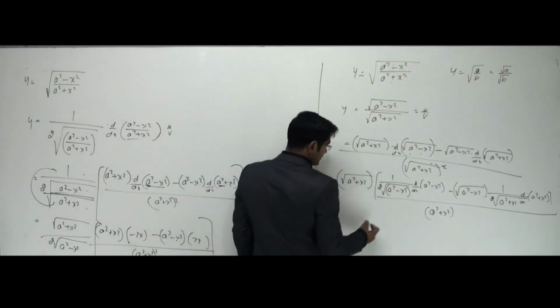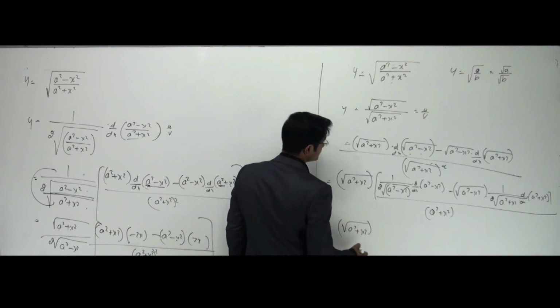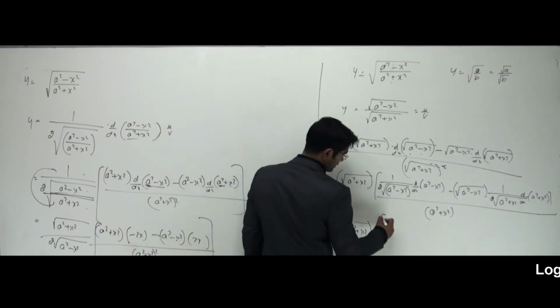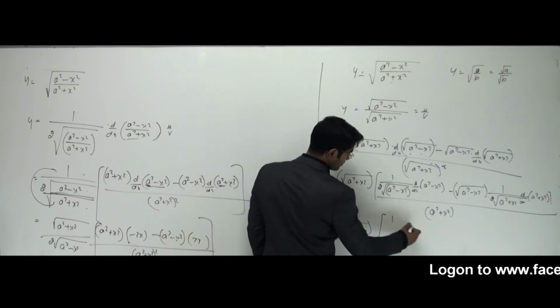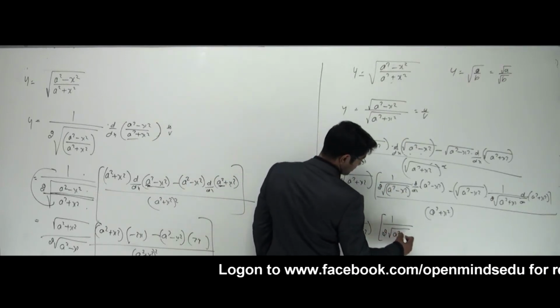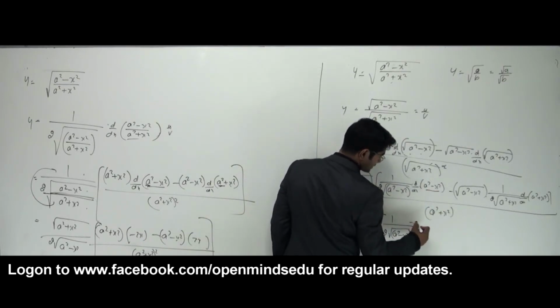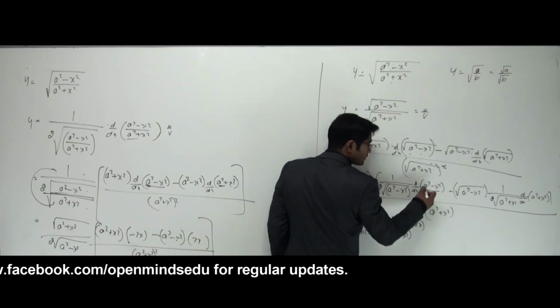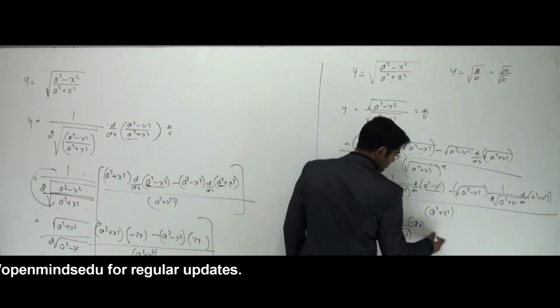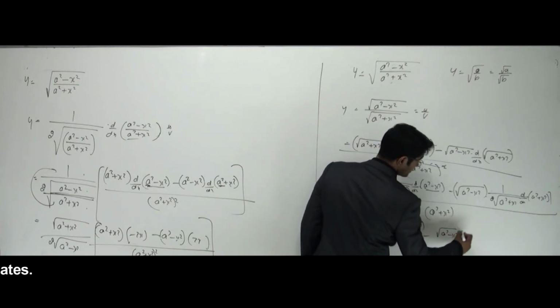I can see that a squared plus x squared remains like that, and I have 1 by 2 root of a squared minus x squared, and this is minus 2x, simply because a squared is differentiated to 0 and this gives minus 2x. Minus of this remains the same, that is root of a squared minus x squared.